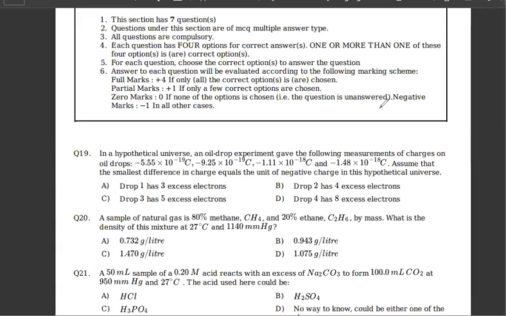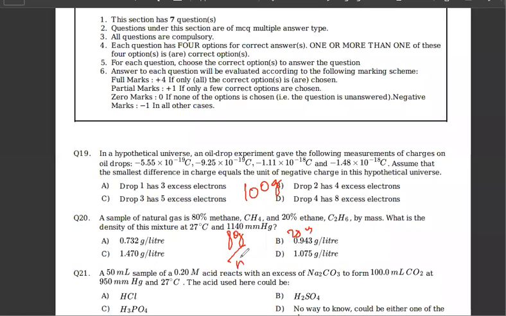Next, which question? Tell me. 2021, okay, 20. A sample of natural gas is 80% methane. This is easy, right? Now, if it is 80% methane, I can just assume a 100-gram sample: 80 gram is methane and 20 gram is ethane.